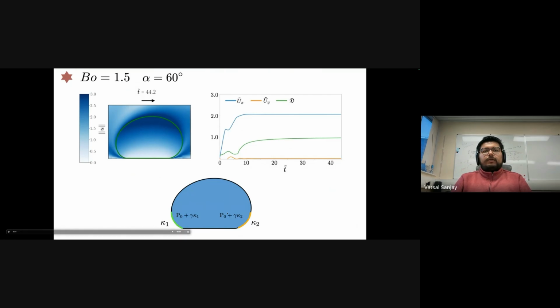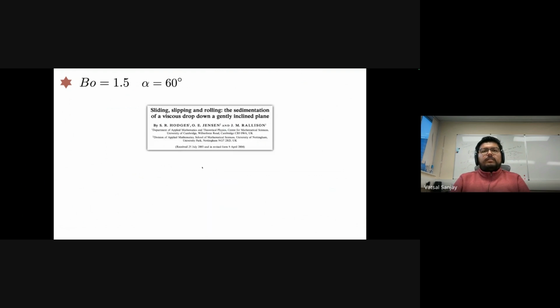But the difference in pressures at the nose and the tail is going to create a resistive force, which is analogous to this paper over here by these authors, where they show that the pressure difference between the nose and the tail can provide a resistive force to a moving, let's say, drop or a trapped liquid.